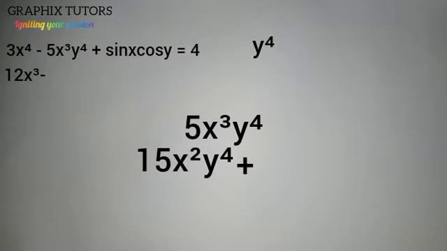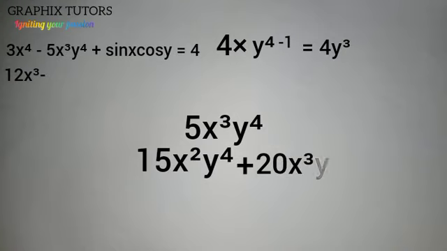Now if you differentiate y to the power of 4, you'll have 4y cubed, right? Because the 4 will come down, then you subtract 1 since the 4 has come down. So you multiply it with 5x cubed. 4 times 5 is 20. So we have 20x cubed y cubed, because the 4 will come in front of every value there.